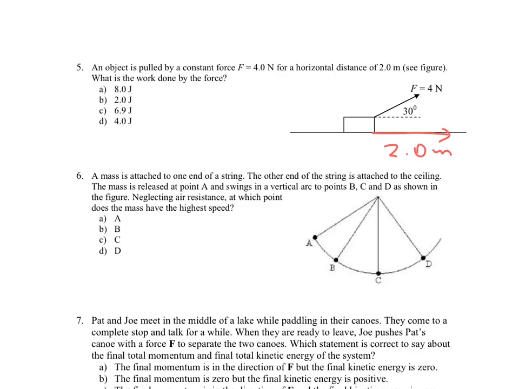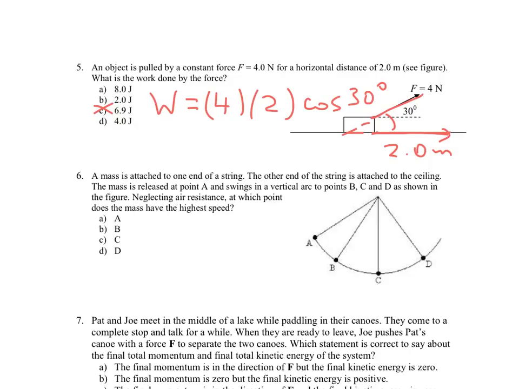Now, admittedly, I put the two exams together, so this is repeated in a way to what we did before, but the work done by the force is just the force, which is 4 newtons, times the displacement, which is 2 meters, times the cosine of the angle between the displacement and the force. So this angle is 30 degrees. And if you run to the calculator and work out what those numbers give you, it is 6.9 joules.